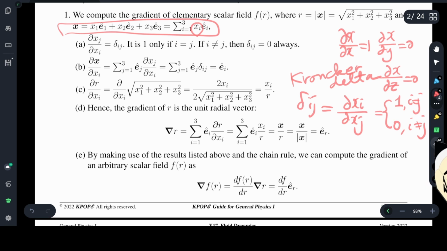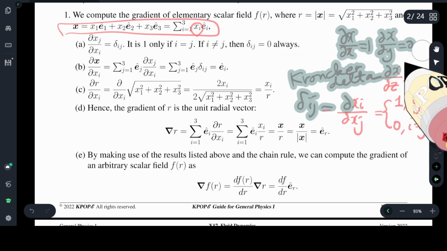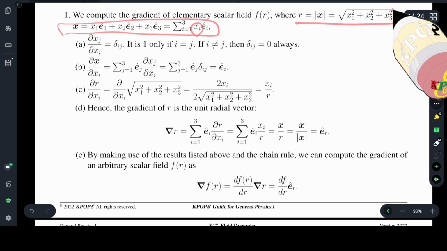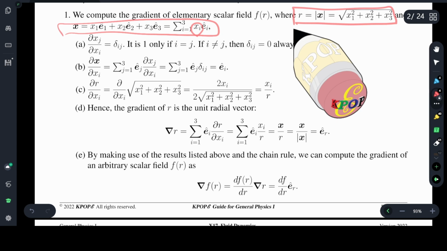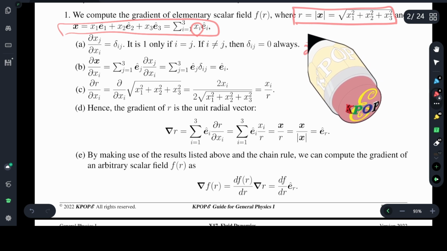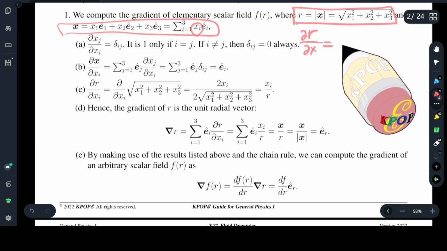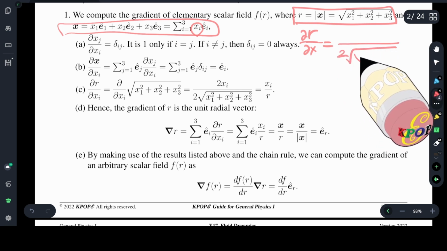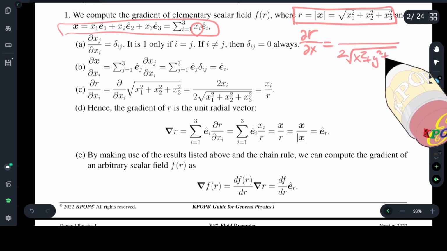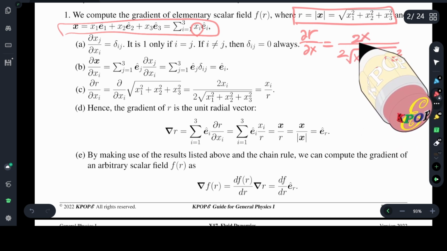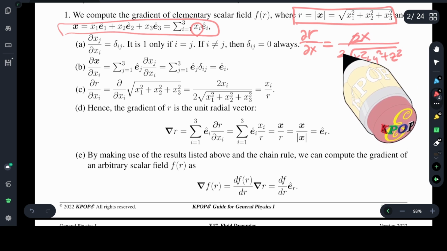In addition, we have one more thing to check: the radius. That is the square root of x squared plus y squared plus z squared. If I take the derivative of r with respect to x, then it is 1 over 2 square root of x squared plus y squared plus z squared, times 2x according to the chain rule.